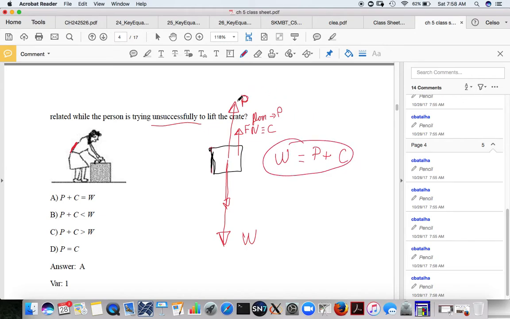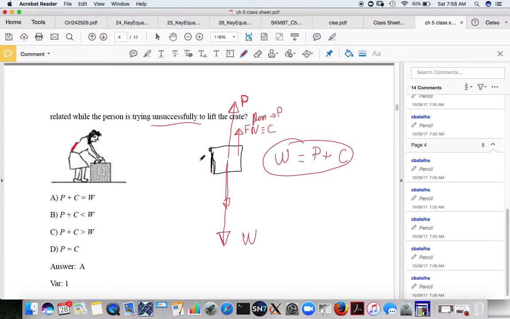I mean, she might increase P to the point that eventually it's going to be bigger than the weight and then she can lift, right? Or she's going to break her lower back. But as long as the crate does not break through the floor, the weight is being able to match these two forces.